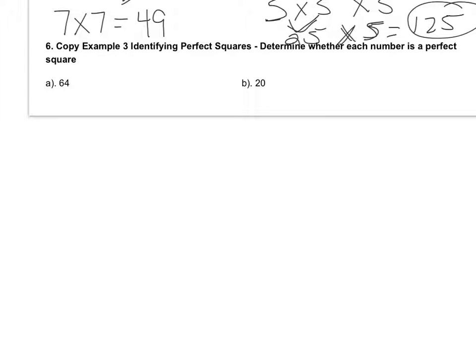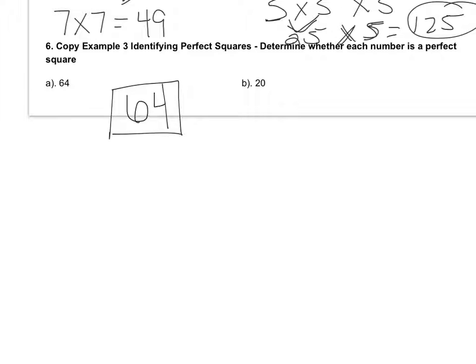Okay, so now let's take a look at number 6, copy example 3, identifying perfect squares from page 13. A great way of working through this is to draw our square, and we're going to put 64 right in the middle.